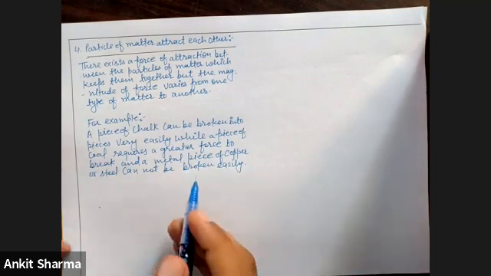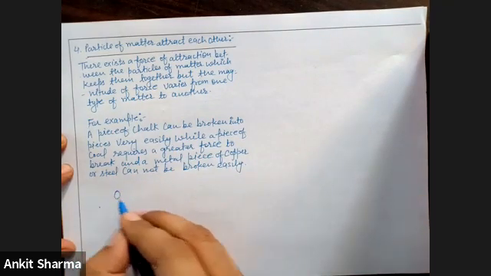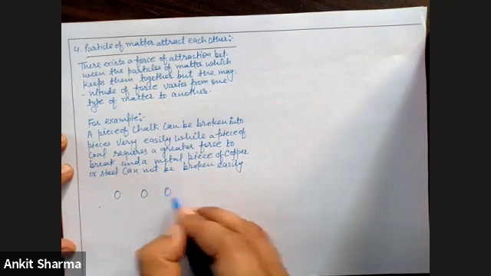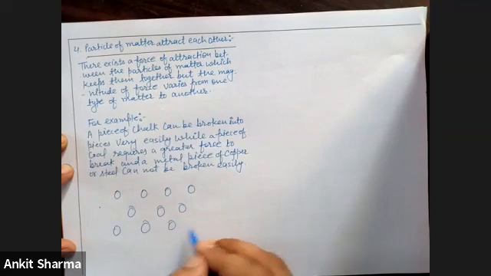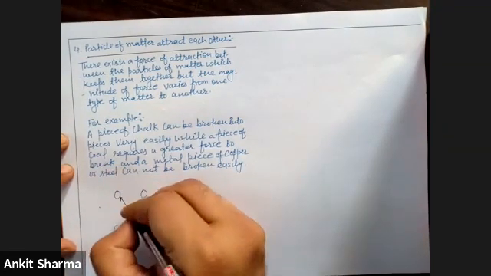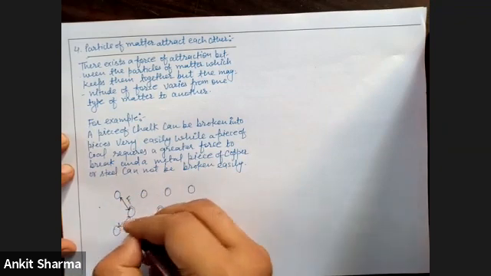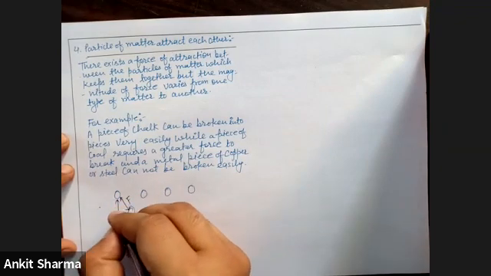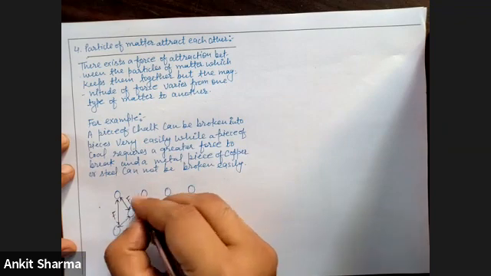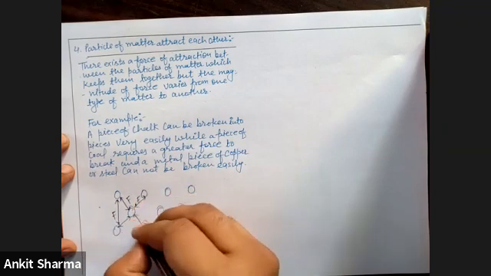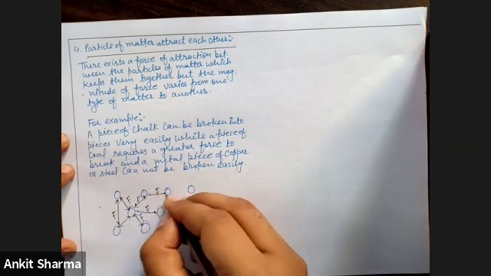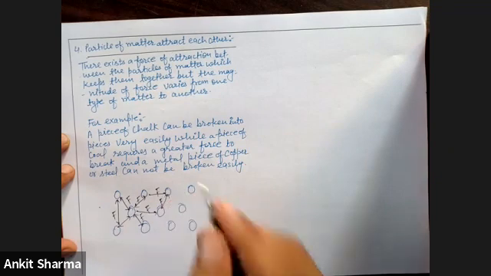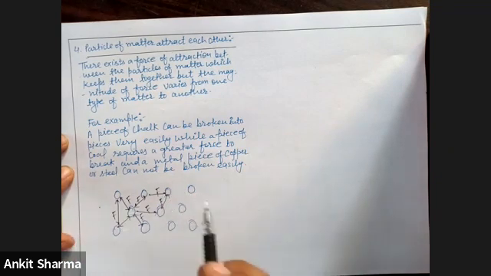So that is how particles of matter attract each other. That is the force between the particles. Let's assume these are the particles. There is enough force acting between these particles to keep them together, between each of the particles.